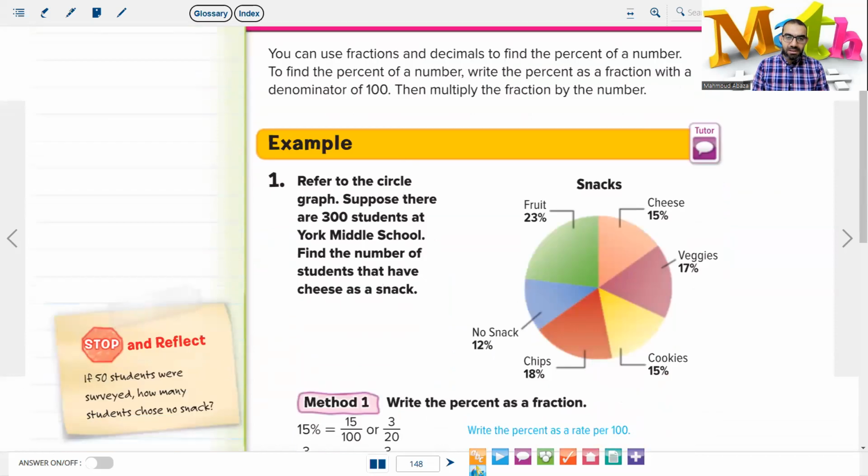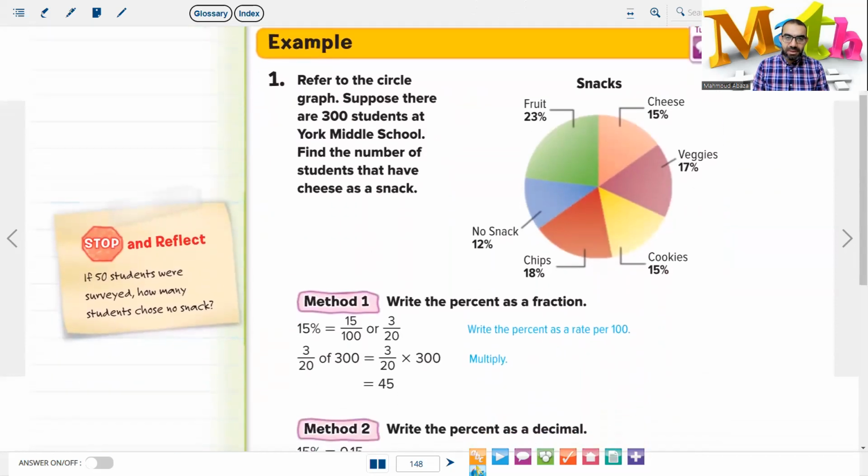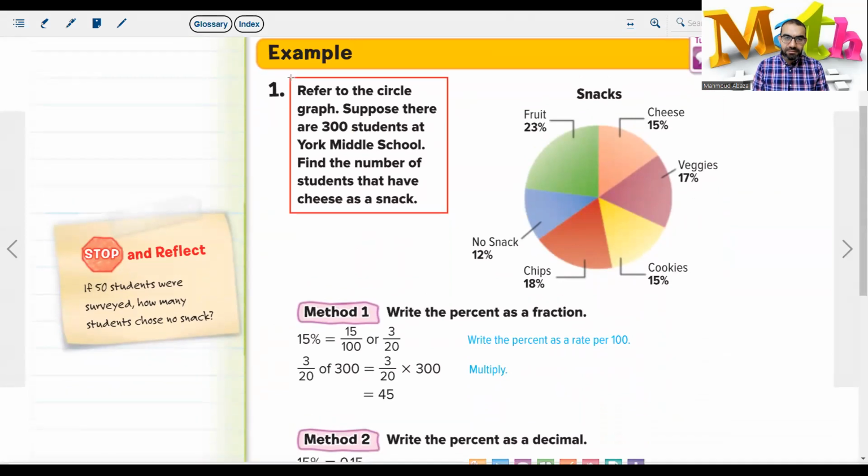Let's start with an example. Example number 1. Refer to the circle graph. Suppose there are 300 students at York Middle School.